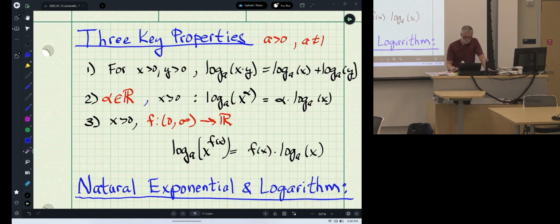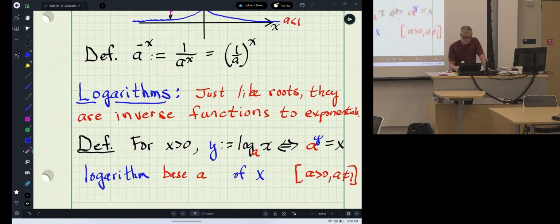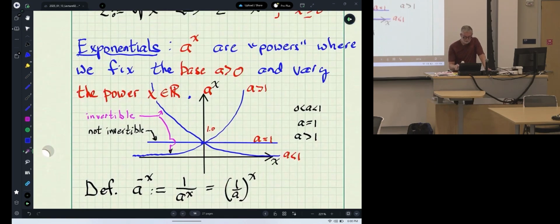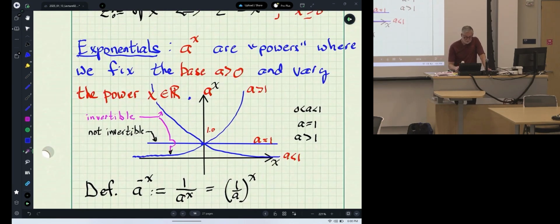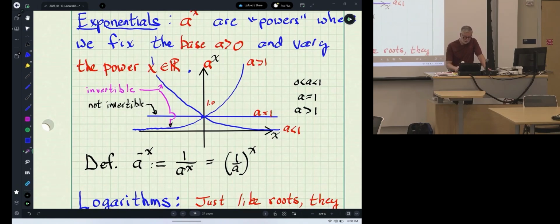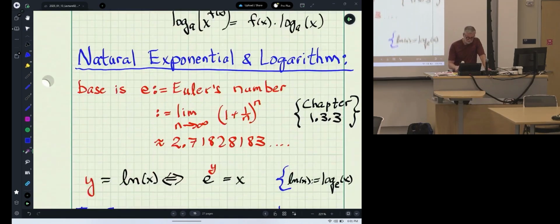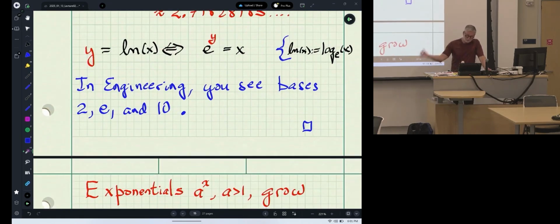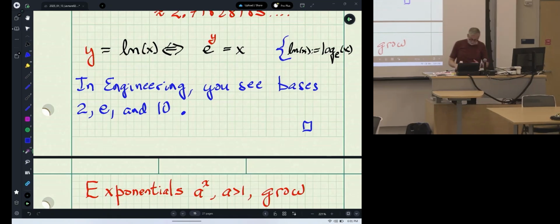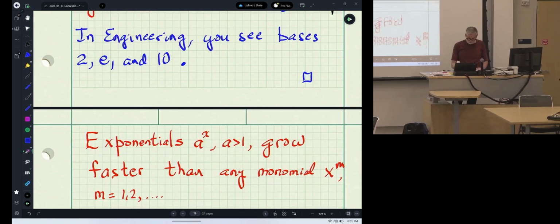Log of a negative number does not make sense because you take any number bigger than 0 and you raise it to a power, you get a number that's bigger than 0. So there's no inverses because negative numbers are not in the range of exponentials.